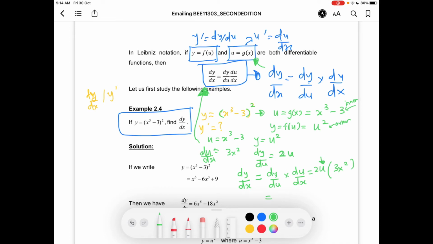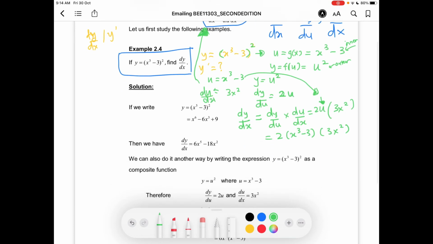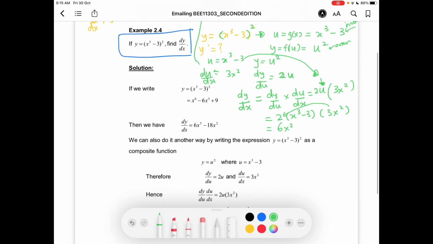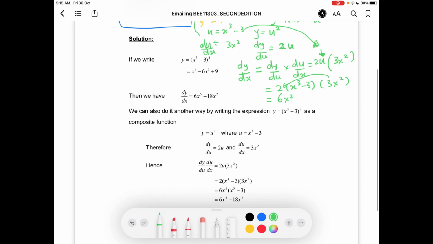And the u here, you need to plug in back the original function. So 2 times x cubed minus 3 times 3x squared. You can times up this one with the constant, so you'll get 3 times 2 is 6x squared times x cubed minus 3.